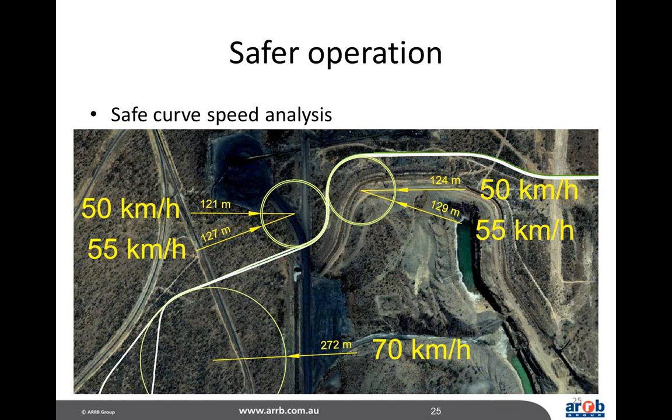So if the speed limit along this road was 80, or if, in fact, using multi-combination road trains, it's usual that the only speed achievable will be about 80 to 85, depending on load, then it was quite likely that eventually a driver was going to come along not familiar with the route entirely, perhaps not familiar with how the trucks behave, and just try travelling at 60 kilometres an hour perhaps through some of those tight curves, and a calamity would probably result. And so this kind of safe speed analysis can help operators to preempt such problems and work out a safe operating regime for an entire route.